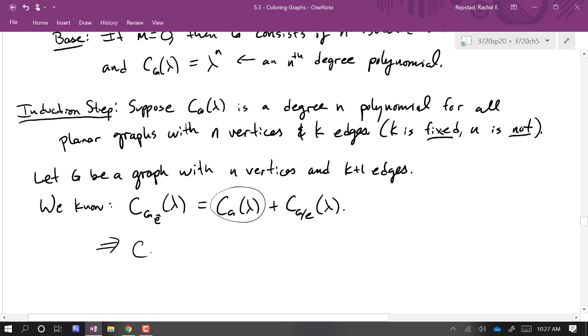So the chromatic polynomial for G is equal to the chromatic polynomial for G sub E hat minus the chromatic polynomial for G mod E.